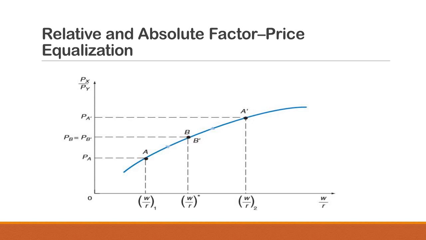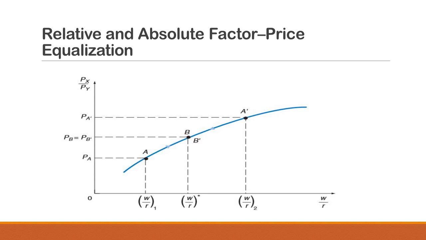Given the assumption of perfect competition and the same technology within the nation, there is a one-to-one relationship between factor intensity and commodity price ratios. That is, for a given W by R ratio, there is a unique commodity price ratio, Px by Py.